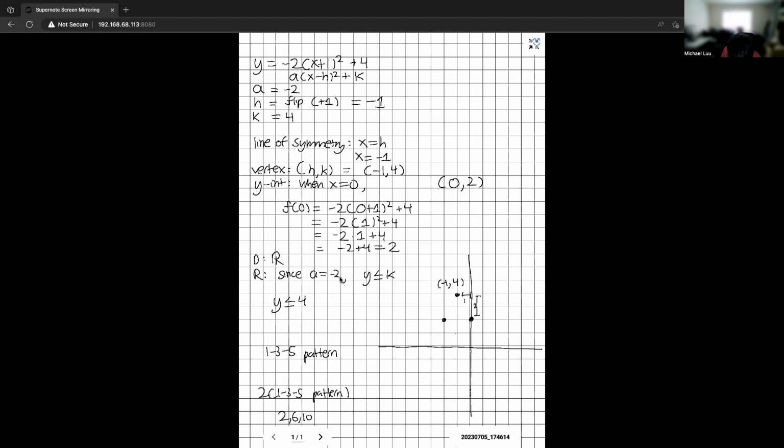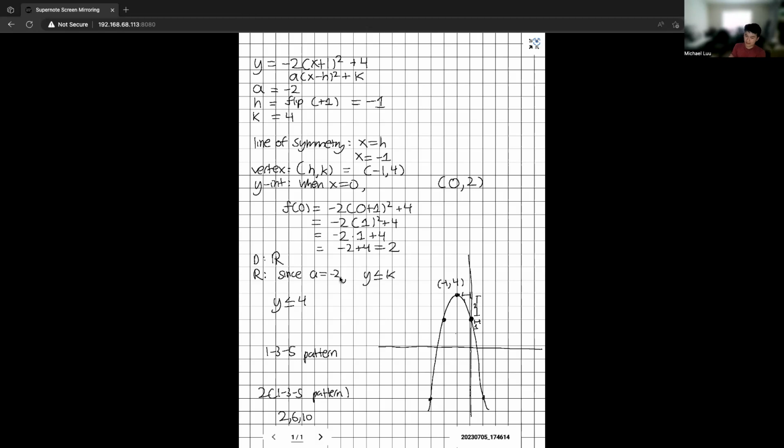But then if I increase it by 1 again, I decrease it by 6. So 1, 2, 3, 4, 5, 6. And I do the same thing for this side. So I'm going to draw it like this. I could draw the line of symmetry, but all I was asked was to draw the parabola. So it looks something like this. And that's basically it. Not too bad.